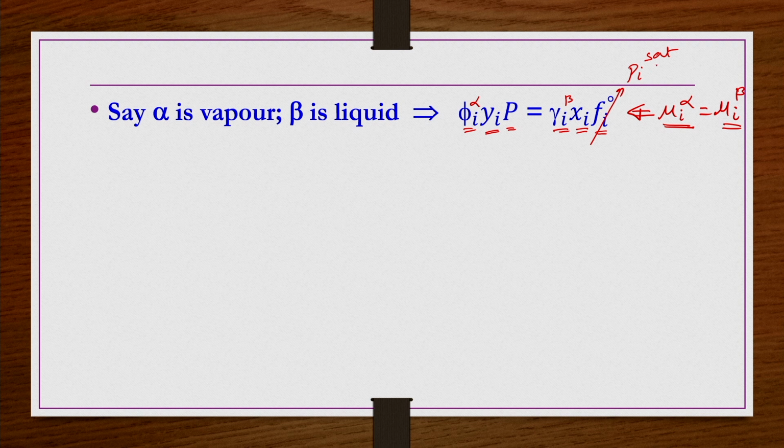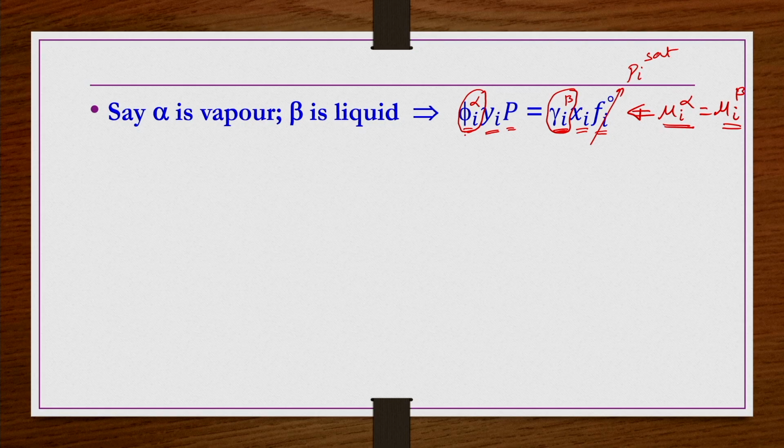So, the saturation pressure of that component at that temperature, okay, related to the temperature, that means, and then some auxiliary function gamma I beta, activity coefficient. So, this fugacity coefficient, this activity coefficient are a kind of auxiliary functions we are using to relate this chemical potential to temperature, pressure and then composition of the system.